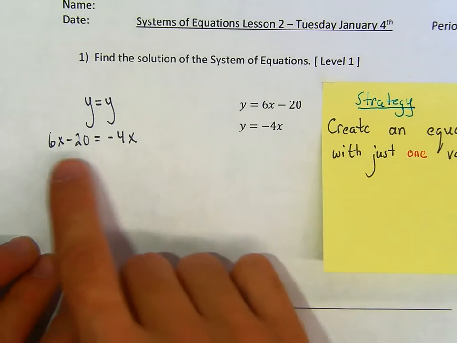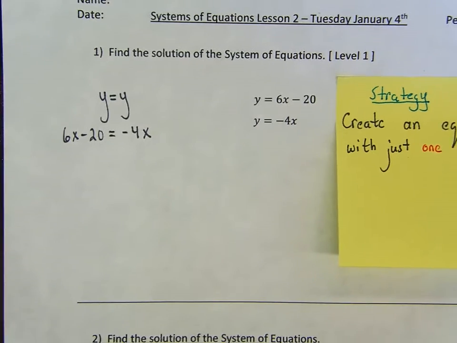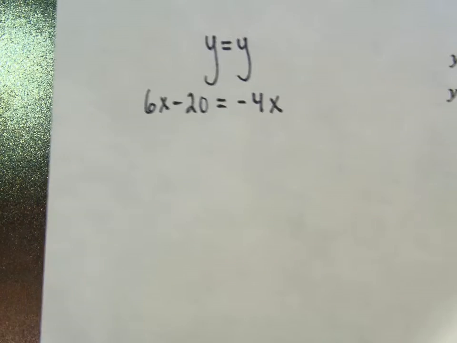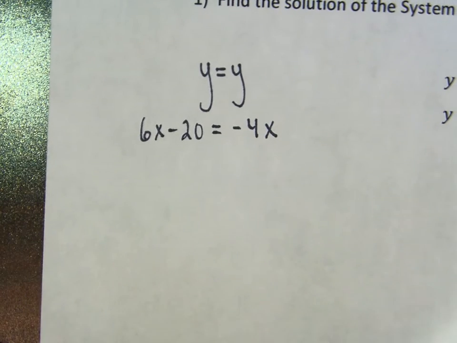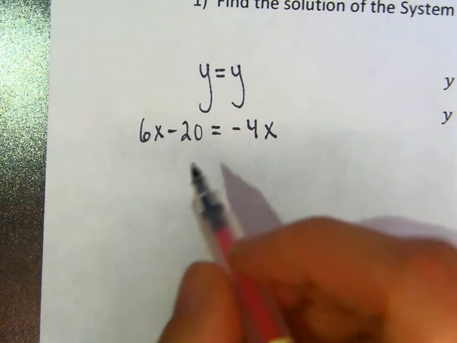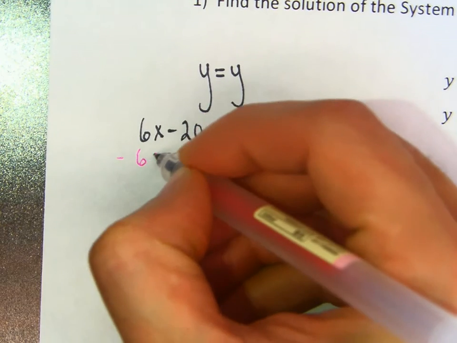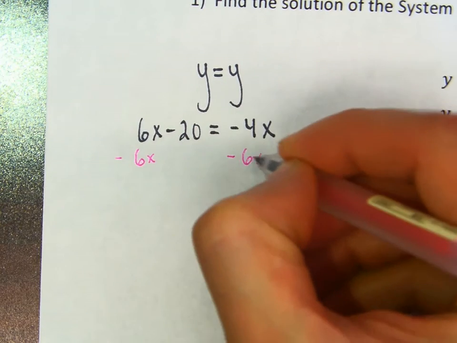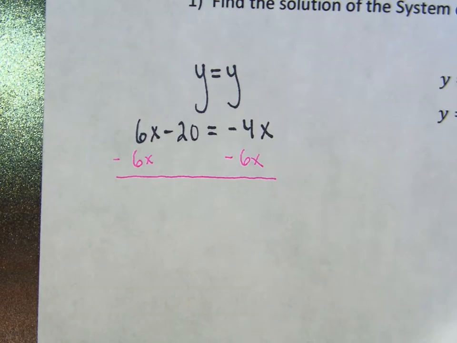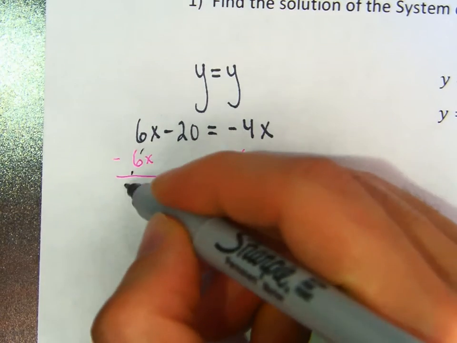So now let's try and solve for just x over here. What I want you to do is pause the video. How would you actually solve for x over here? What would be the first move? You want to get an x on just one side. So I would subtract 6x from both sides. Now 6x minus 6x cancels.